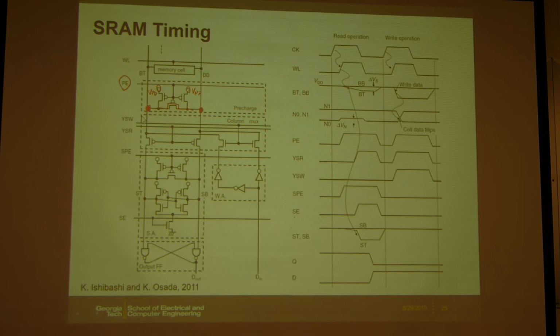If there's a difference between bit line and bit line bar, then this transistor will have current flow, but eventually those 2 bit lines will have the same potential. So you use this kind of circuit to equalize the bit line and bit line bar potential. This kind of circuit is also used for the DRAM, as we see later. So this is the precharge, or sometimes we call it the equalizer, because we equalize the potential between bit line and bit line bar.